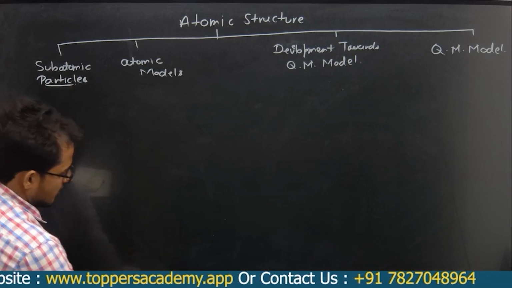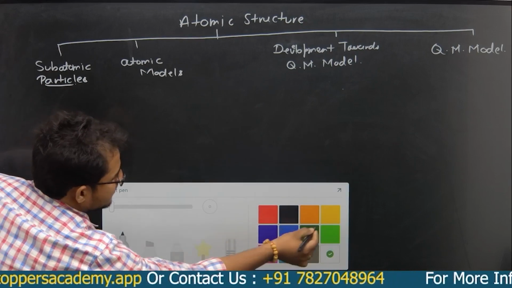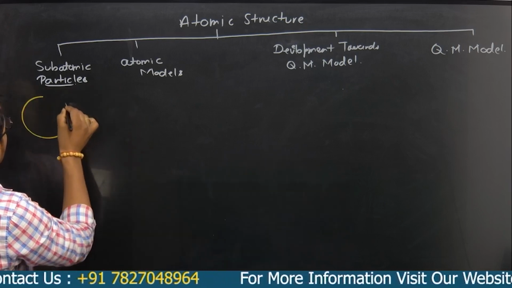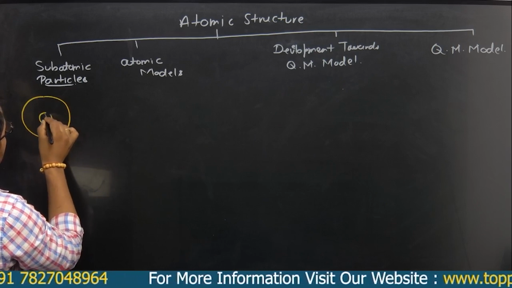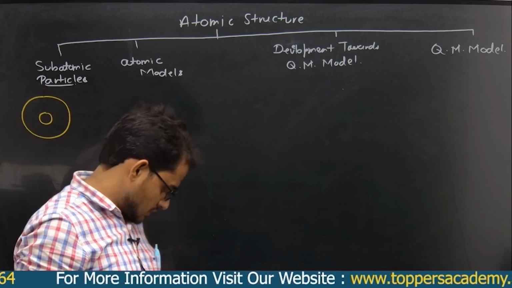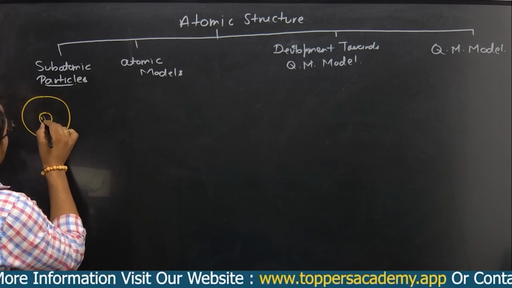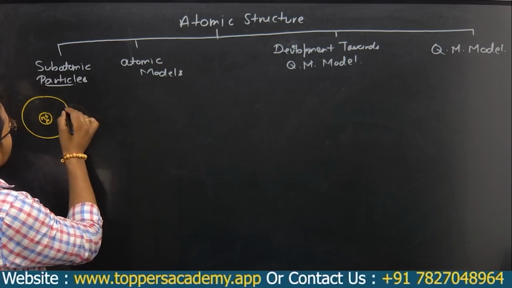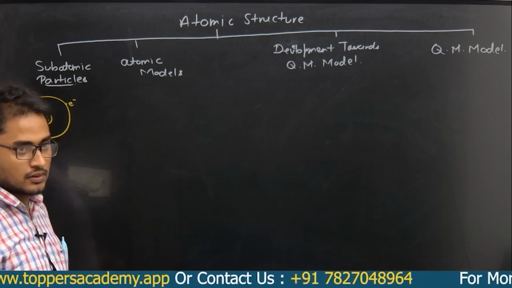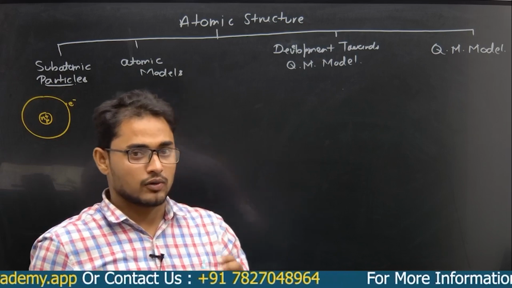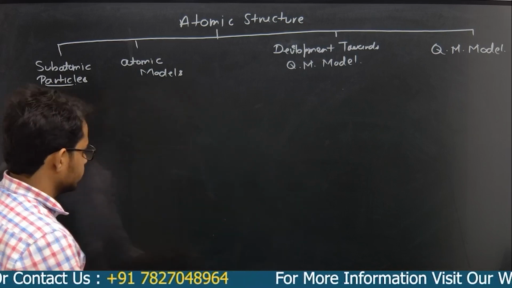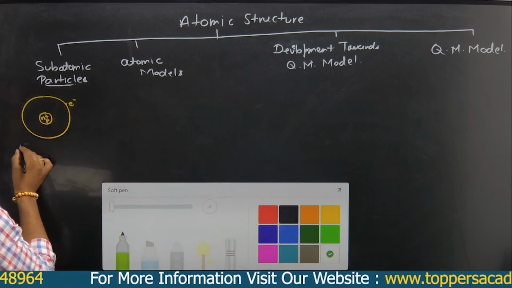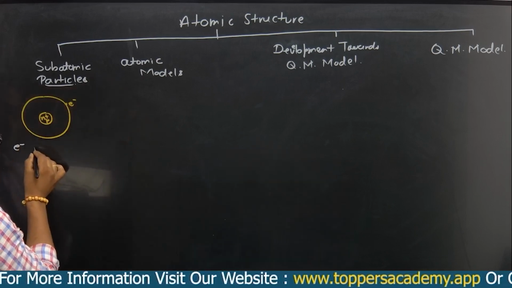In an atom, there is a nucleus at the center of the atom, in which neutrons and protons are present, and around the nucleus electrons are present. These electrons revolve around the nucleus. The charge on an electron is -1.